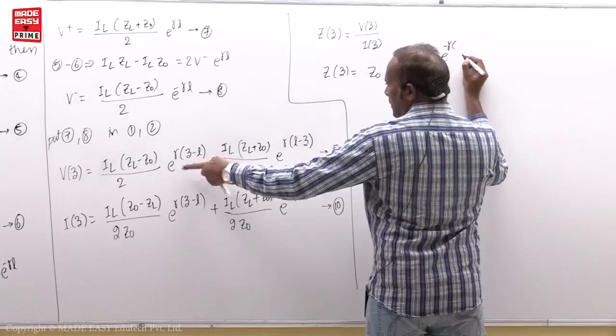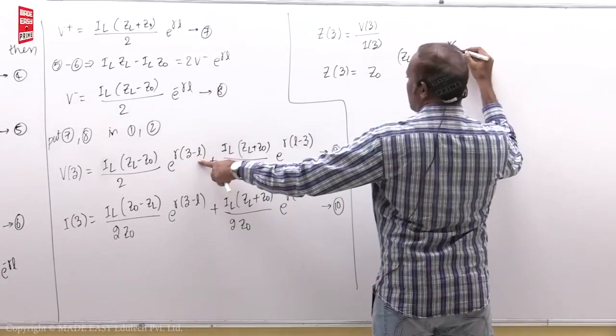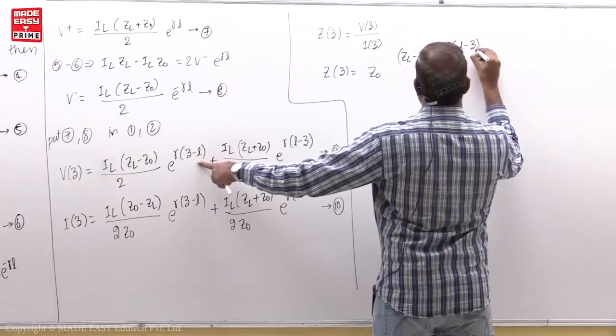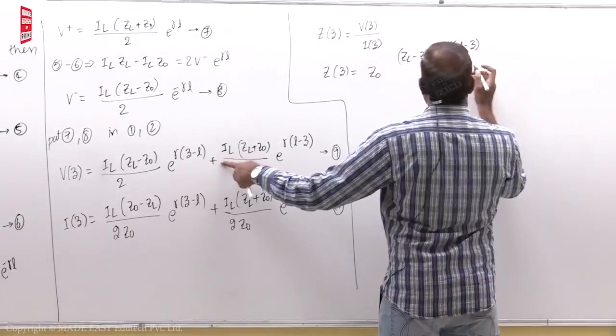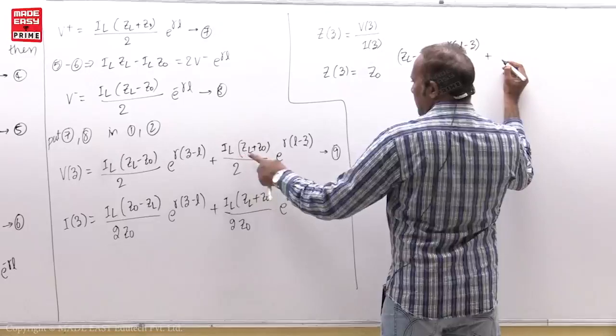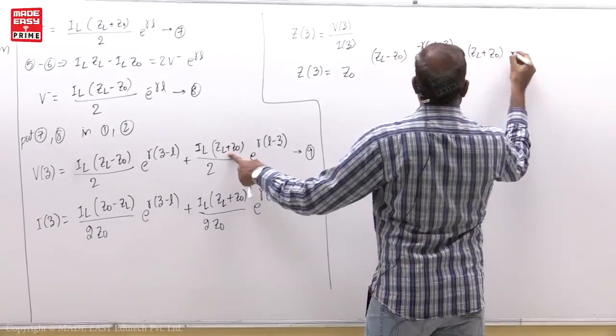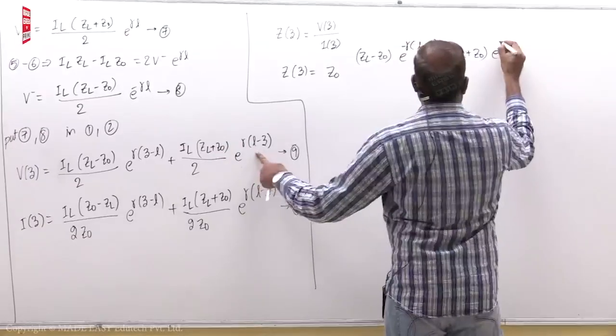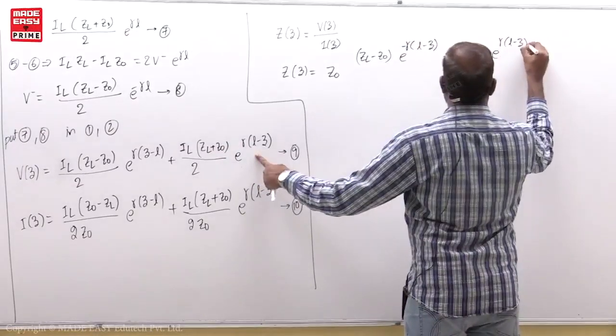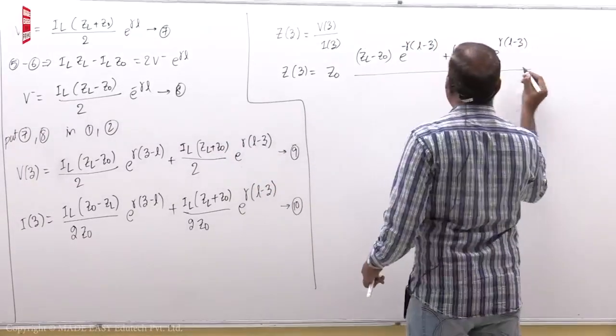Okay. Here Z minus L is there. So I will write L minus Z, with a minus sign, plus then here (ZL plus Z naught) e power, already L minus Z is there. I am writing L minus Z. I will tell you why.